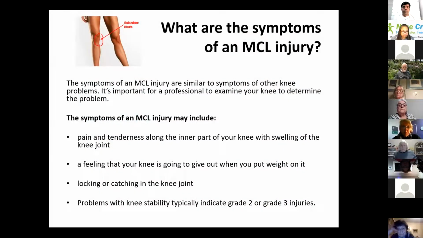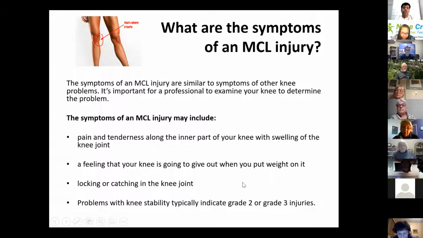So what we are noticing here is similar to an ACL injury. We will notice pain and tenderness along the inside of the knee, and we will notice the swelling right away. It depends on the extent of the damage, and you will feel the instability. You will feel the knee is going to give out when you put weight on it.